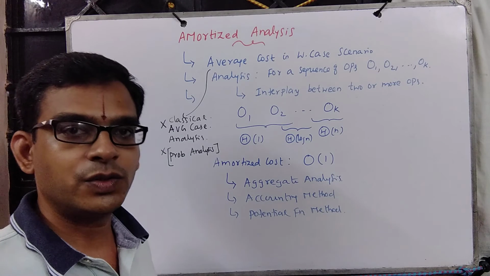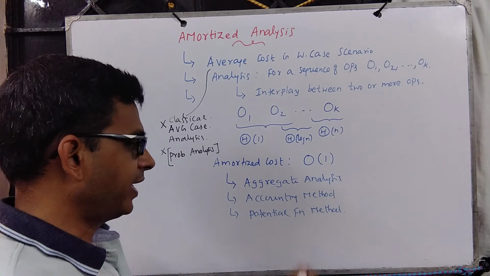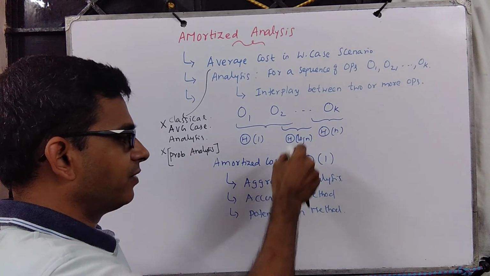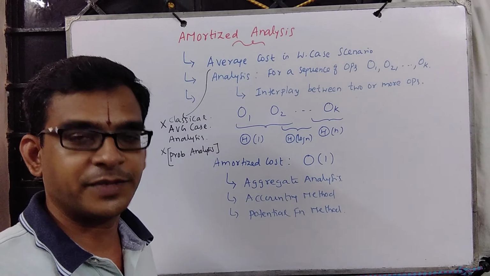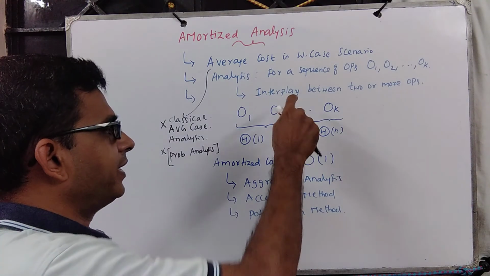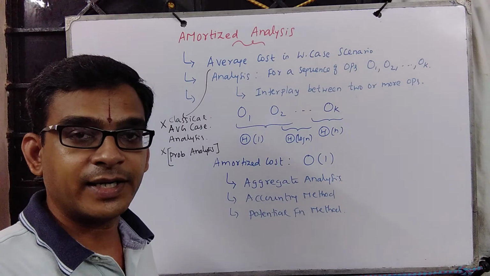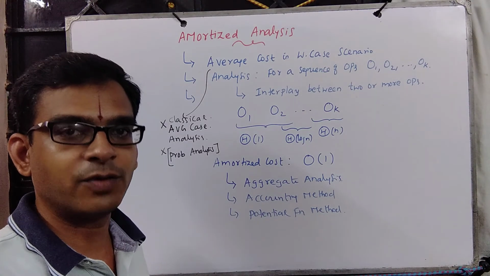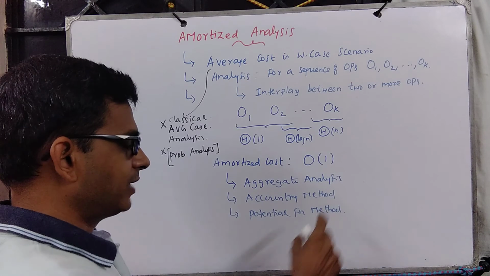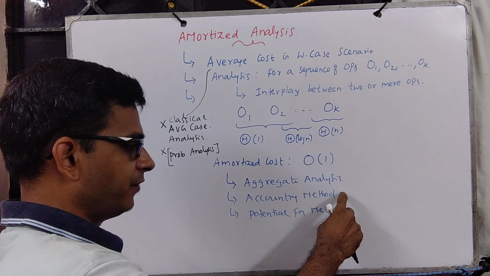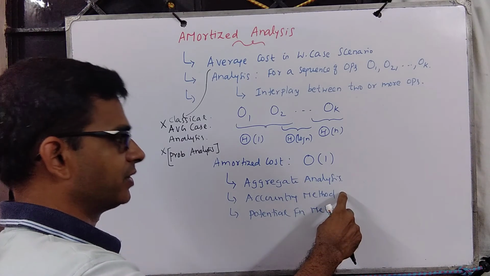But one can also look at the same averaging argument from a slightly different perspective by taking the interplay between operations into account and by paying attention to the details, meaning micro level analysis. And that's precisely what we do as part of these two methods.